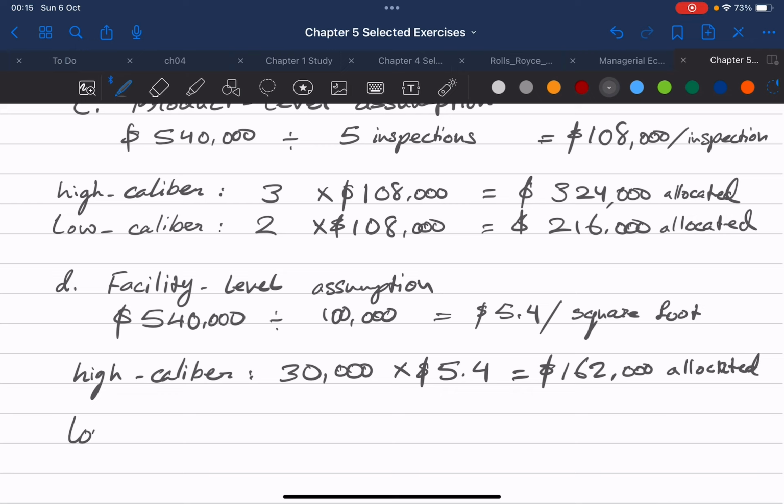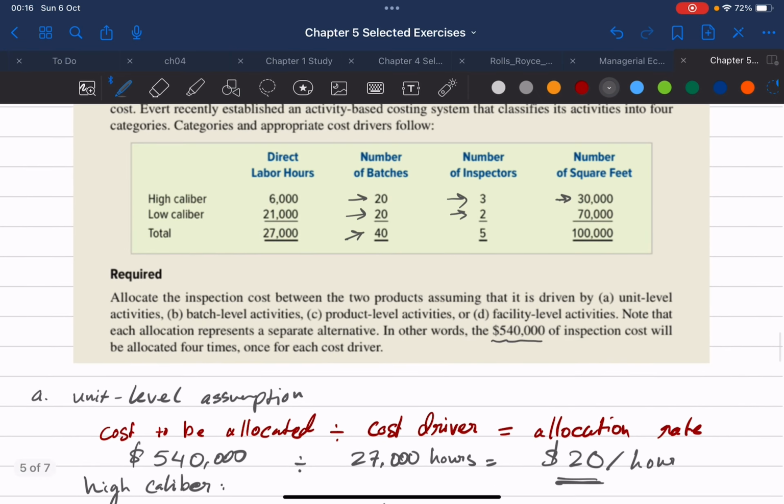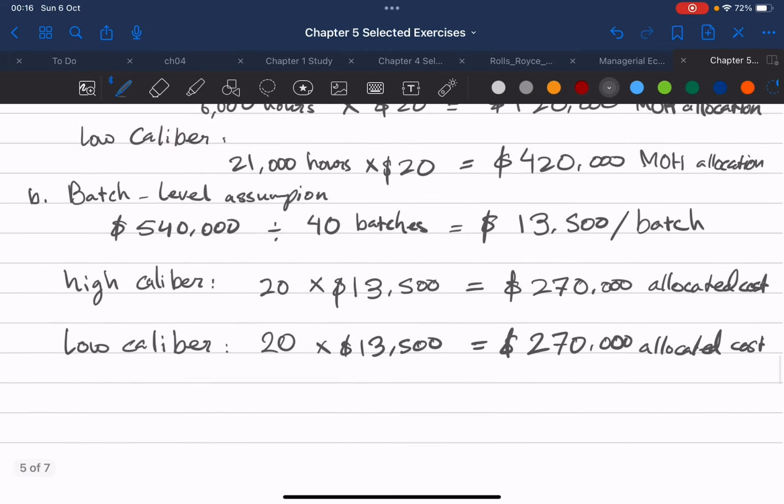For low caliber, the total was 100,000, so I should already know 30,000 out of that is the space allocated for high caliber. The remaining 70,000 is going to be here, but let's confirm in the table. Yes, 70,000.